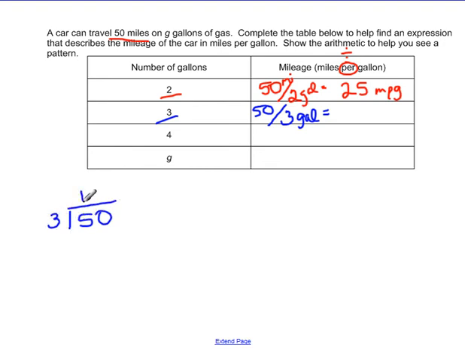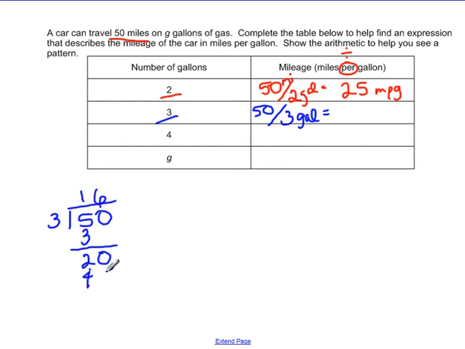So 3 goes into 5 once, and there's the 3. We subtract, come up with 2, bring down the 0. 3 goes into 20, that's not right. I meant to say 3 goes in there 6 times. Sorry about that. I was thinking 18 and I got distracted. So it goes in there 6 times.